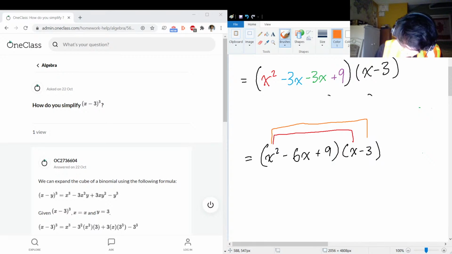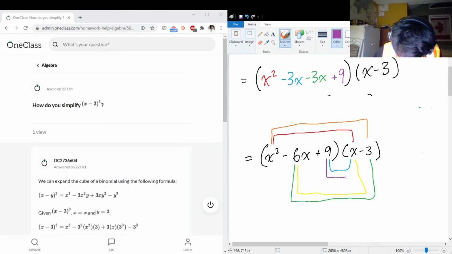Okay, now red, orange, yellow. This might be a little bit hard to see, but I promise it's there. Negative 6x times x. Roy G. Biv. And the last one is going to be 9 times both of them. So blue and indigo.